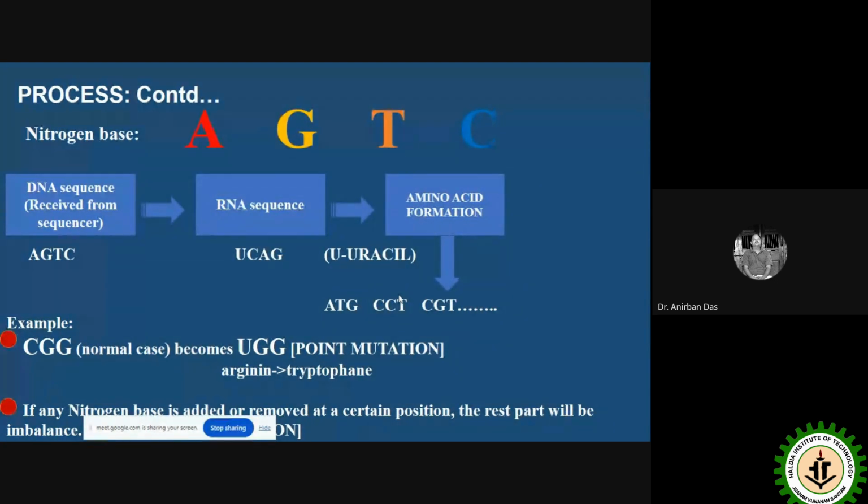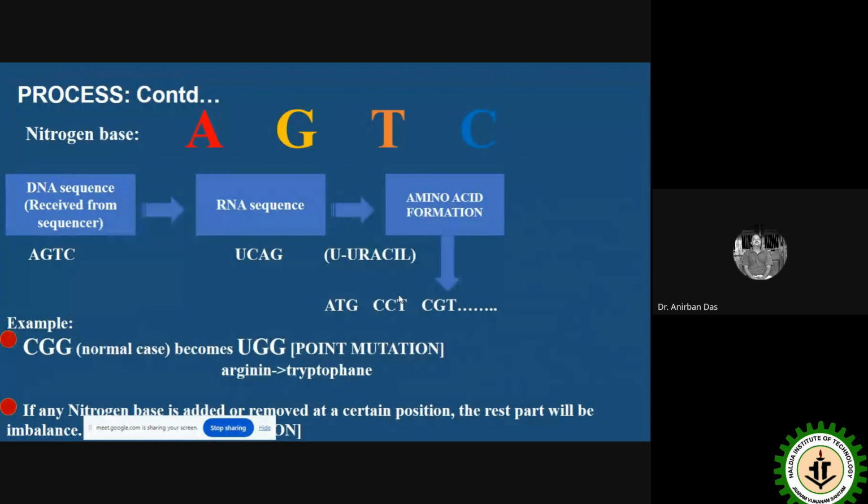We learned that in our school books in childhood, right? Those are all the nitrogen bases, and for those of us in AI or ML, from the sequencer machine we will be getting a series of combinations of A, G, T, C. So the series of these nitrogen bases will be here as an input, right?